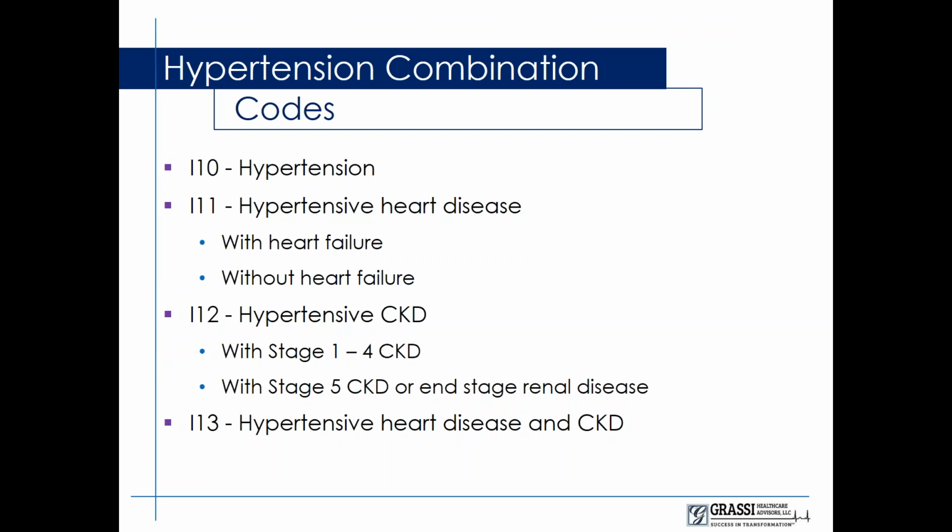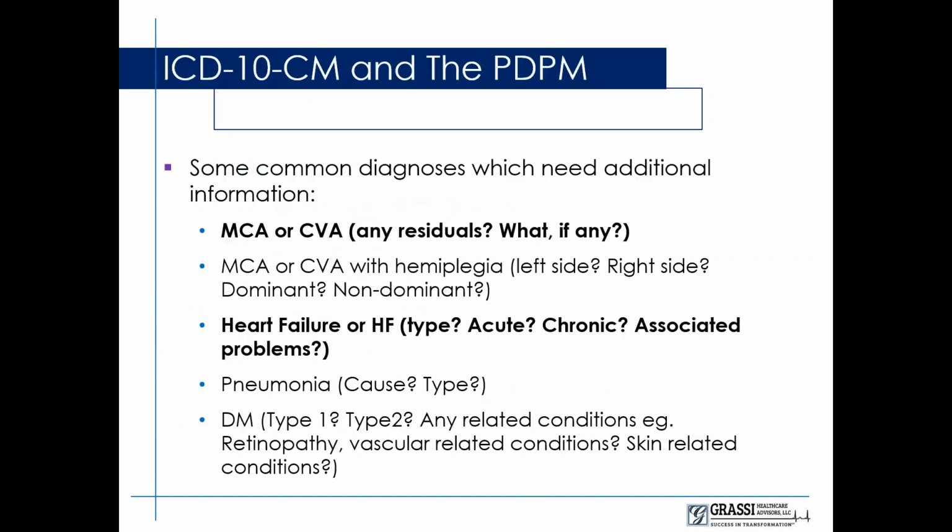And then hypertensive heart disease with chronic kidney failure, chronic kidney disease. So you can see how the codes progress down. And again, just being aware of these codes, which ones do have combination codes, will be helpful. And then your book is going to help you drive down to the level of information that you're going to need. Next slide.